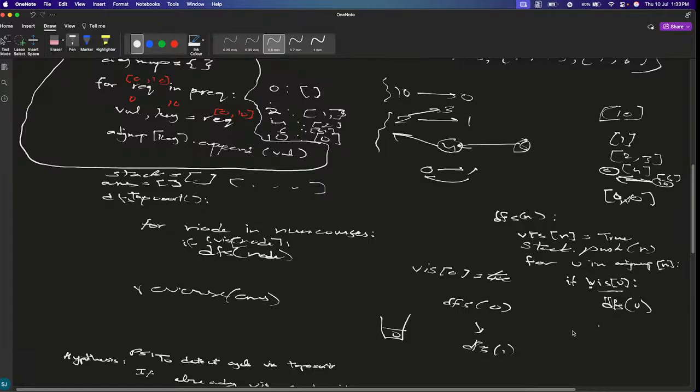If this is not true, then elif u in stack. If that's true, what we have to do is put up cyclic equals to false for now. And what we're gonna do is something super simple.